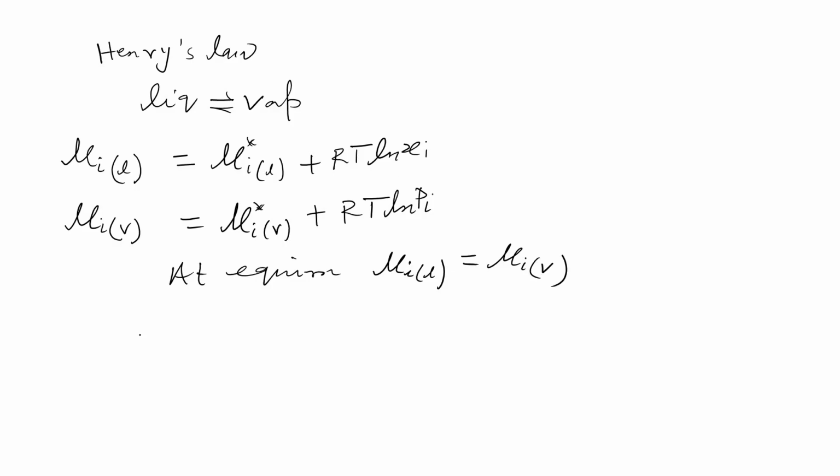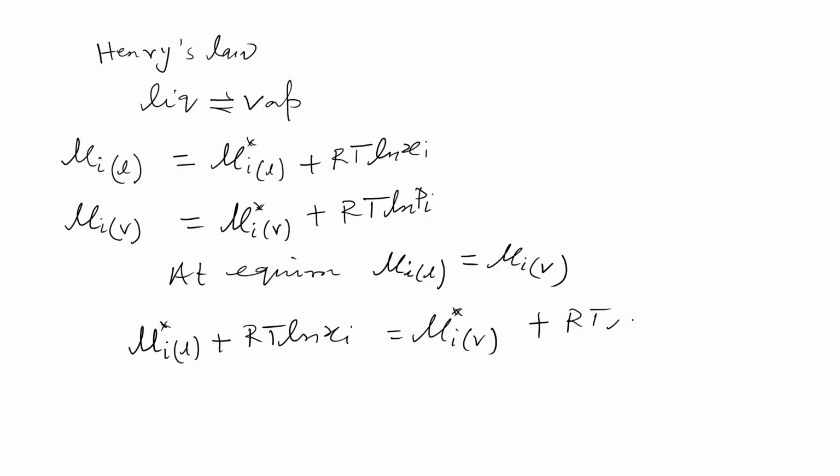So these two equations we can equate. That means what can I write? Mu I liquid phase under standard condition plus RT ln xi is equal to mu I in the vapor phase under standard condition plus RT ln pi.